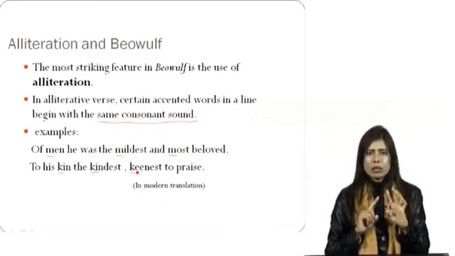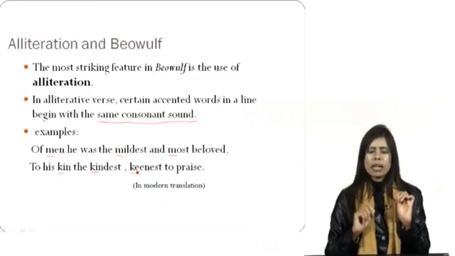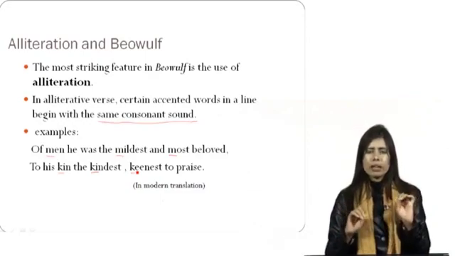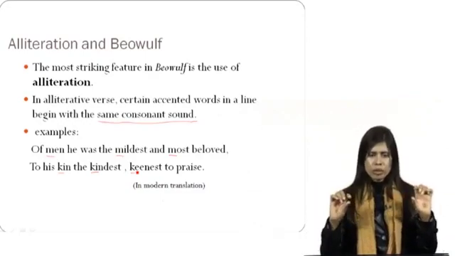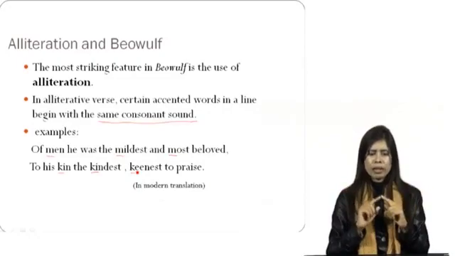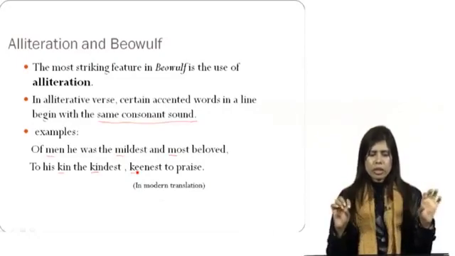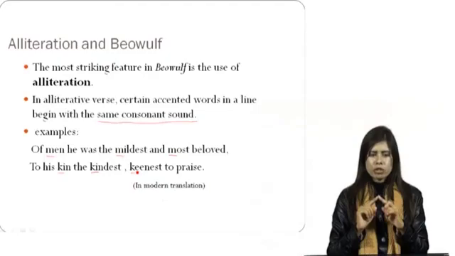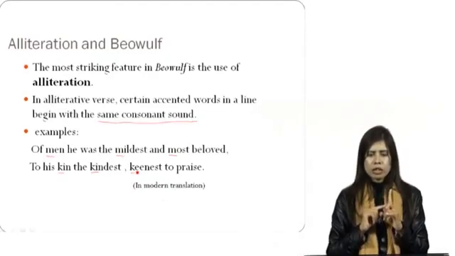So basically about alliteration, what you have to keep in mind is that these are the same consonant sounds which are present in one verse and in different words. For example, in the first line you can see the ma sound is present thrice: in man, in mildest, and in most.